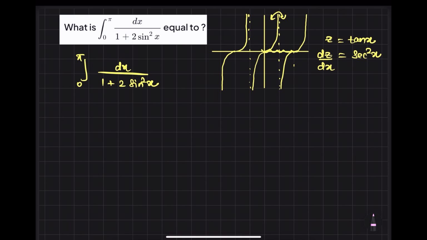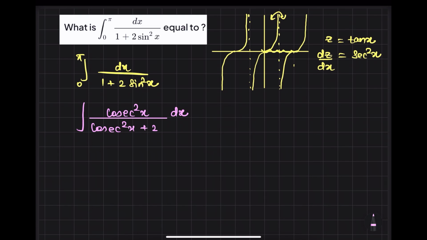Okay, so what we will do, you know that tan and cot are interconnected. So in this case we will convert our question into cot. Okay, so let's do that. Can I convert this question into cot? To convert the question into cot, we have to divide numerator and denominator by sine square x. So we will have cosec square x in the numerator, and the denominator will look like cosec square x plus 2, dx.